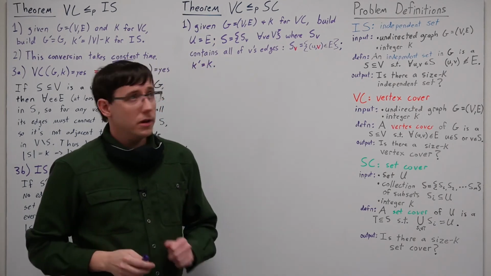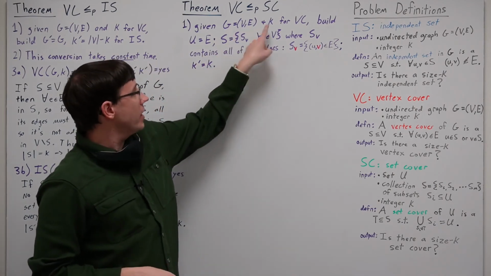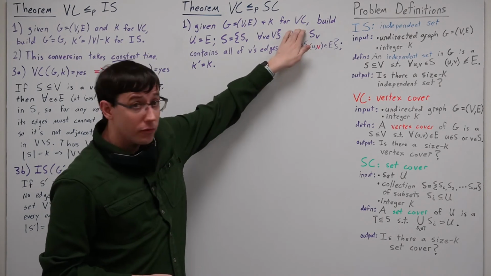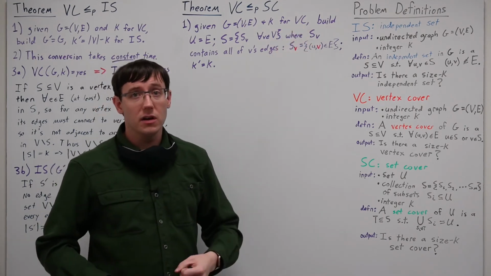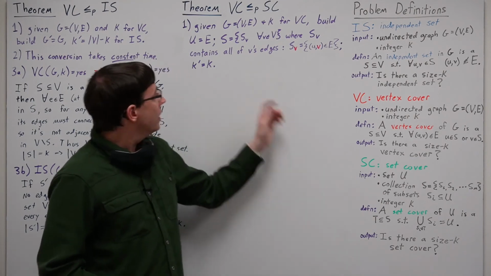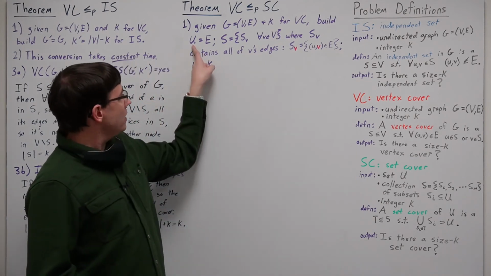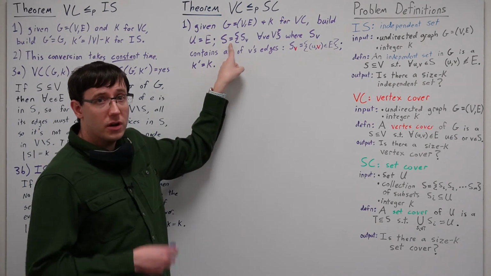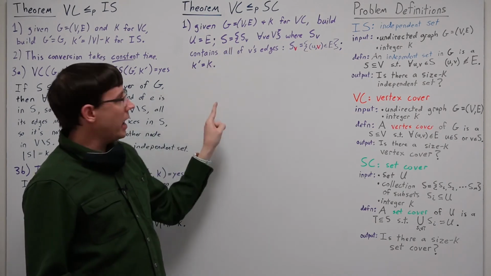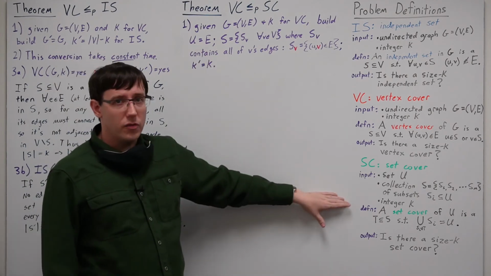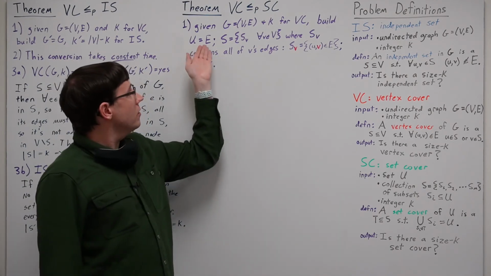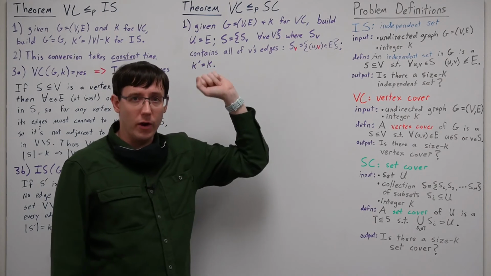Our translation takes a graph and an integer representing a vertex cover problem, and it produces an instance of a set cover problem. So it produces a set U, a collection of subsets of U, and an integer. Our universe for the set cover problem is all of the edges from the vertex cover graph.